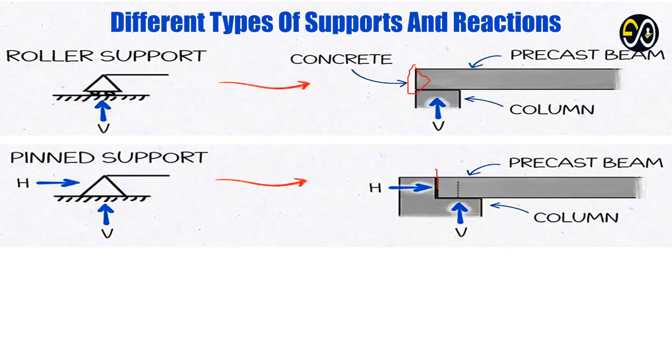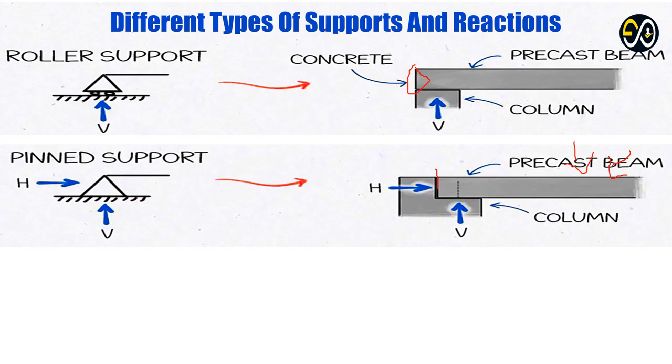So because of this horizontal restriction, when any kind of load is applied on this beam, in a vertical or inclined direction which has a horizontal component, this beam cannot move horizontally as well as vertically.